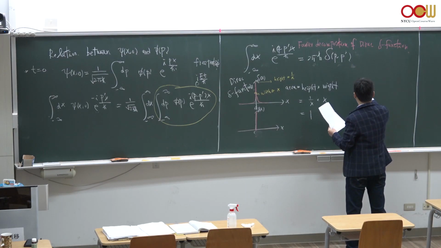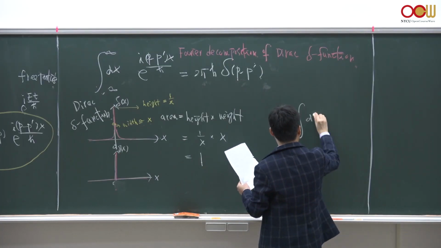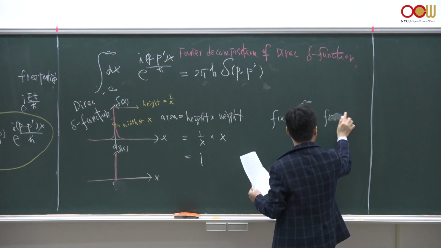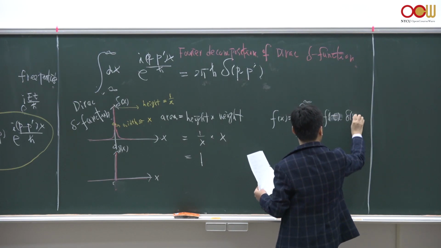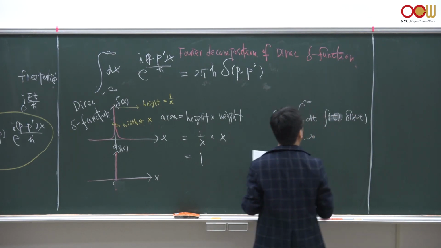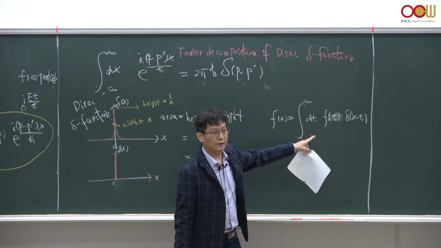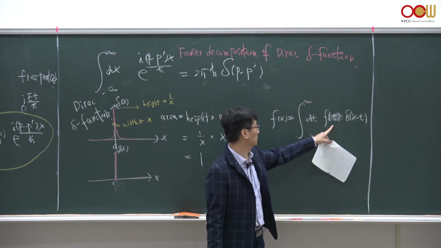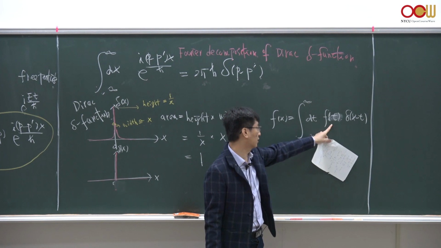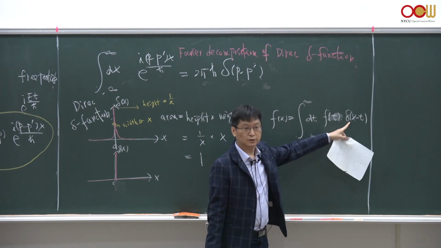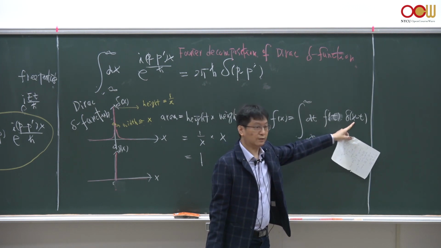So f of x is actually the integral dt f of t times the Dirac delta function of x minus t. If you would like to evaluate this integral, it is made of some unknown function f as a function of t times the Dirac delta function x minus t.